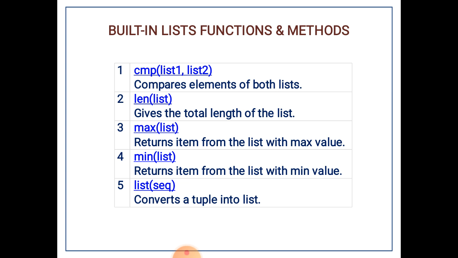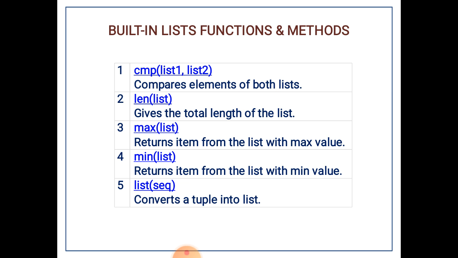The second one is len of list. Len is the name of the function, list is the name of the list. So len of list gives the total length of the list. Remember that the length of the list is the total number of elements, the count of the number of elements in the list.